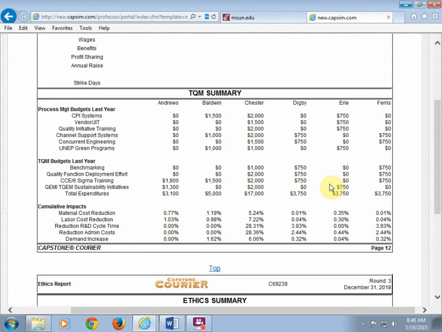That's an outright expense. You get to deduct that on your tax return. So now my question to you is, what is Chester's after-tax impact of that $17 million investment expense, I should say? What are the after-tax implications of that?